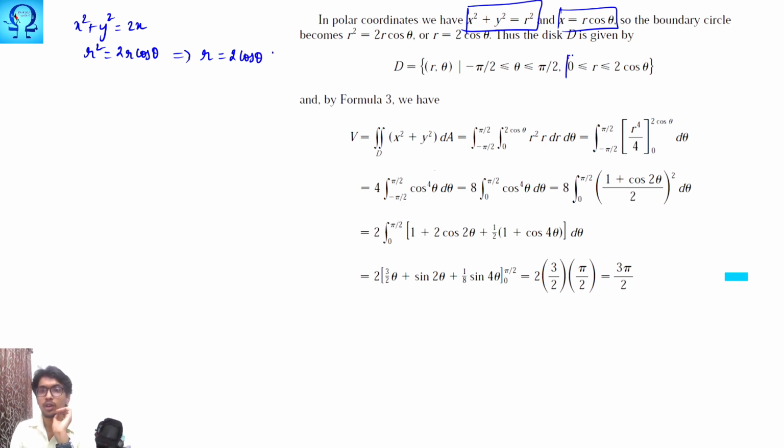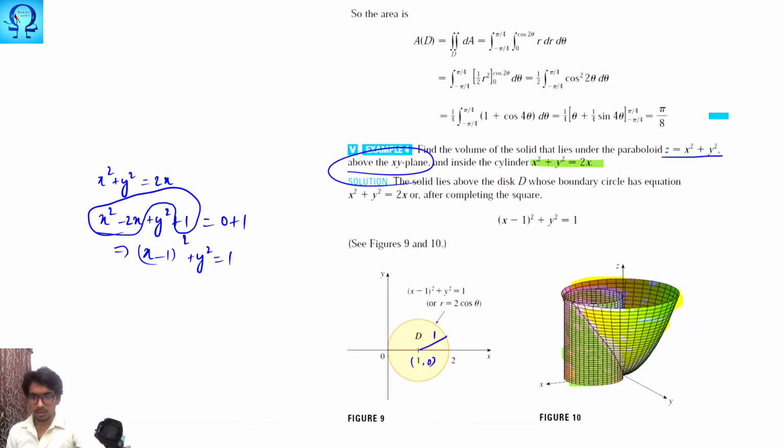So your r is going to vary from 0 to 2 cos theta. R can never go below 0, right? R here physically means the radius, so it can never go below 0. And theta is done as usual. If you come back and see, in the positive sense it is taken, so minus pi by 2 to pi by 2 is the theta value.